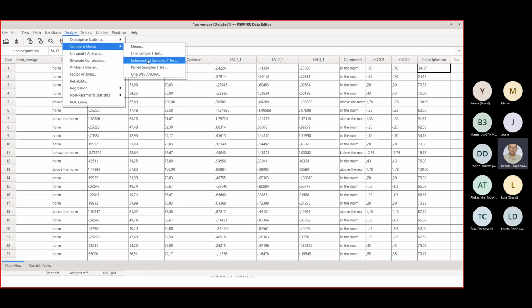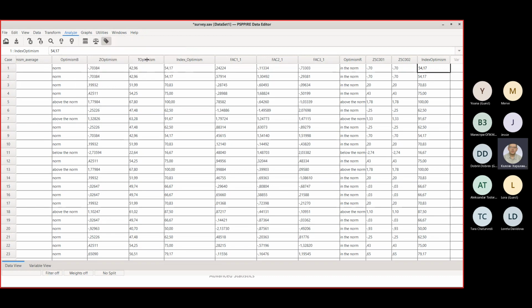Why independent? Independent samples means that we have two samples and we form these two samples separately. First, we form one sample and then separately form another sample and then compare them.